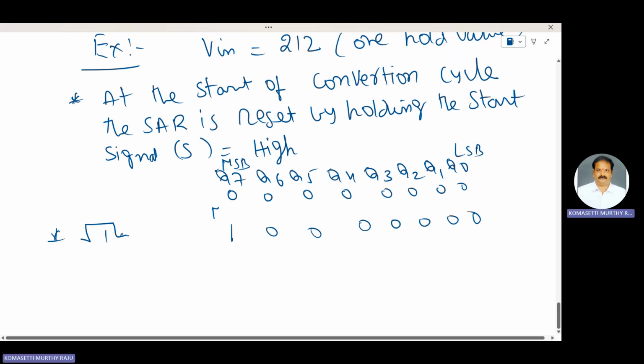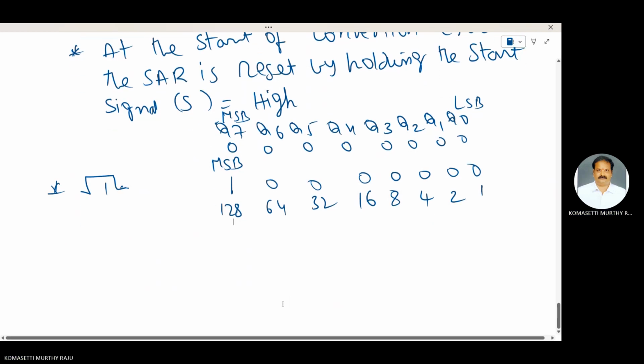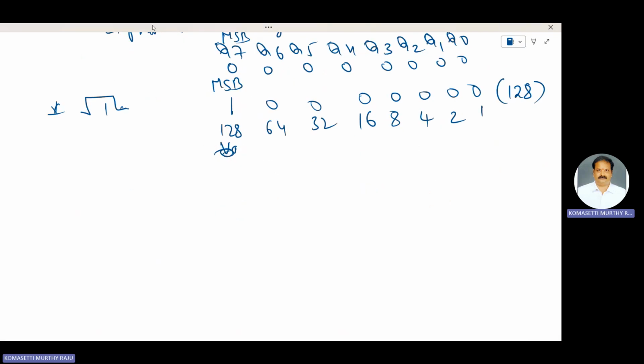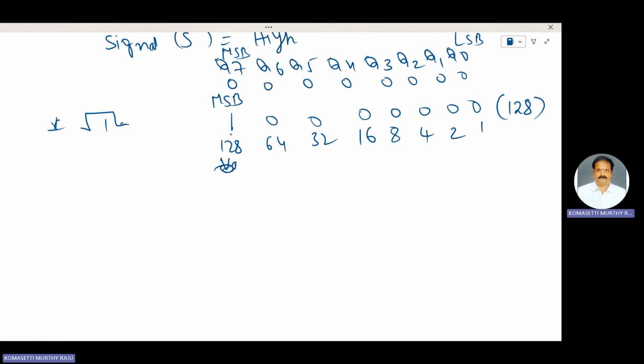The weights are 1, 2, 4, 8, 16, 32, 64, and 128. This 128 is VA. For the conversion process, the SAR changes the bits. That means Q7 is changed to 1.